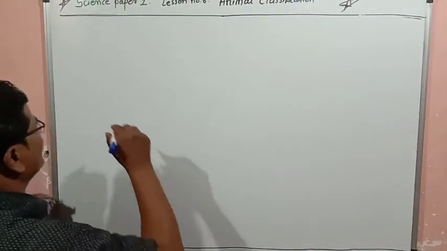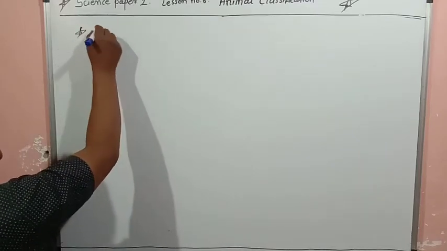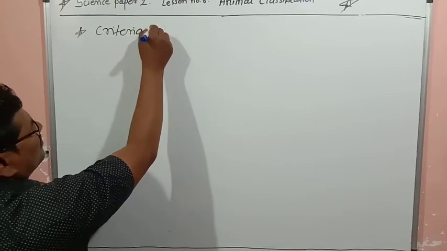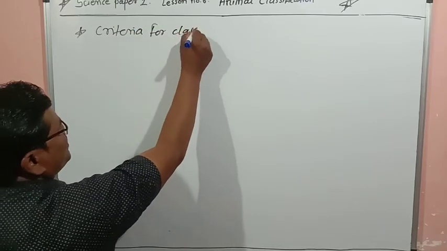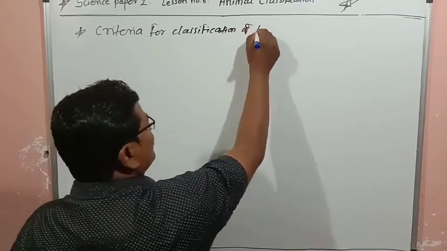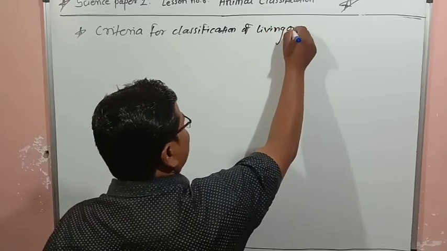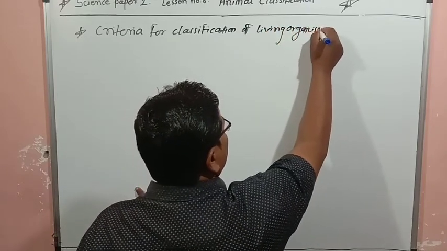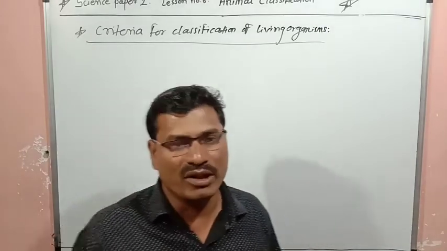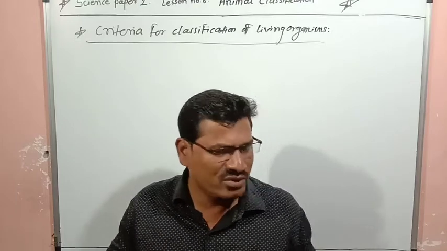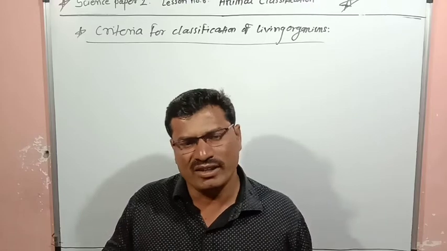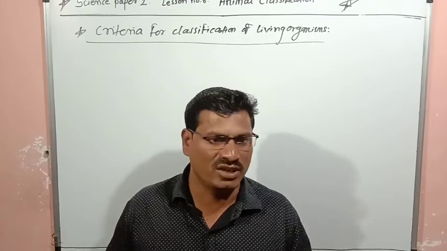The first point is the criteria for the classification of living organisms. We'll see how Robert Whittaker gave the 5 kingdom classification system and which points were considered.